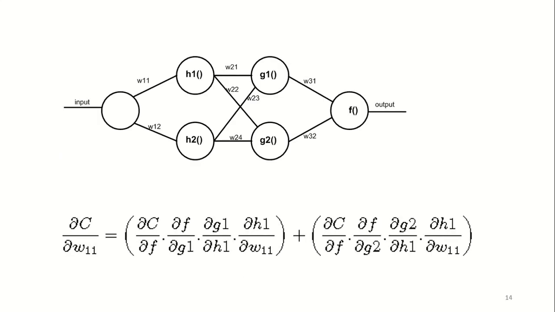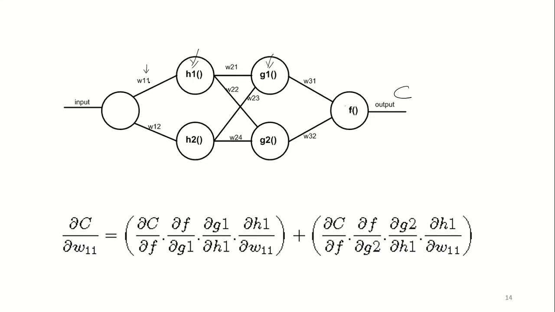So first part is we find the derivative in this reverse order, dou C by dou W11. C is a function of F, so dou C by dou F, and dou F by dou G1 into dou G1 by dou H1, and into dou H1 by dou W11.